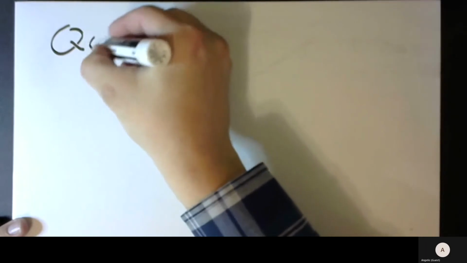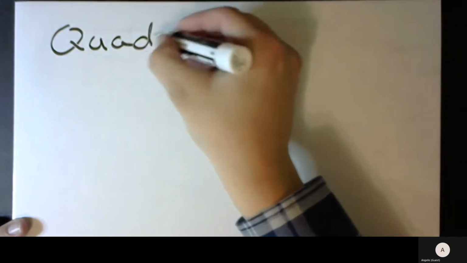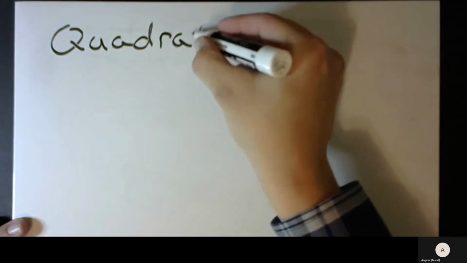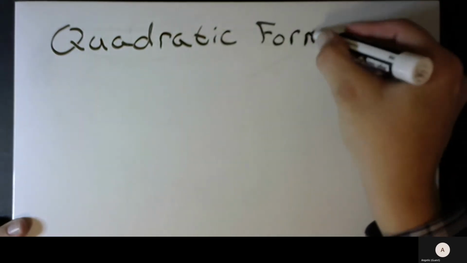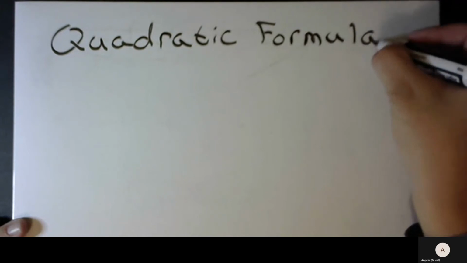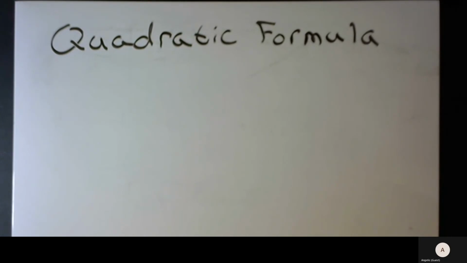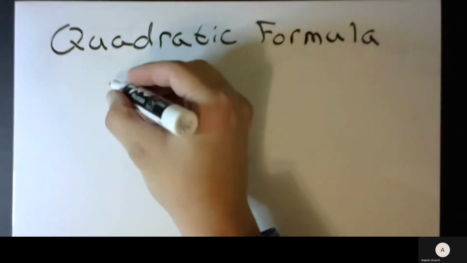So the other way of doing this, and this is sort of what works every single time, is what's called the quadratic formula. Now, what the quadratic formula is used for, it's for second degree equations that look like this.